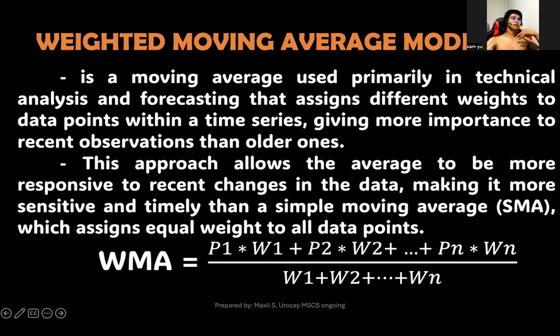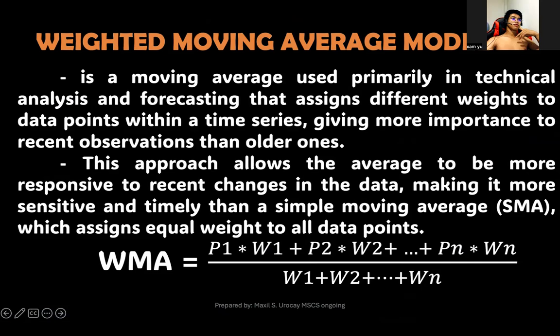So actually, class, this is somewhat similar to the simple moving average, where you are always shifting, and you're getting the average based on the number of data points that you have. Now, for example, if you have data from January up until March, then you are using a 3-month moving average.